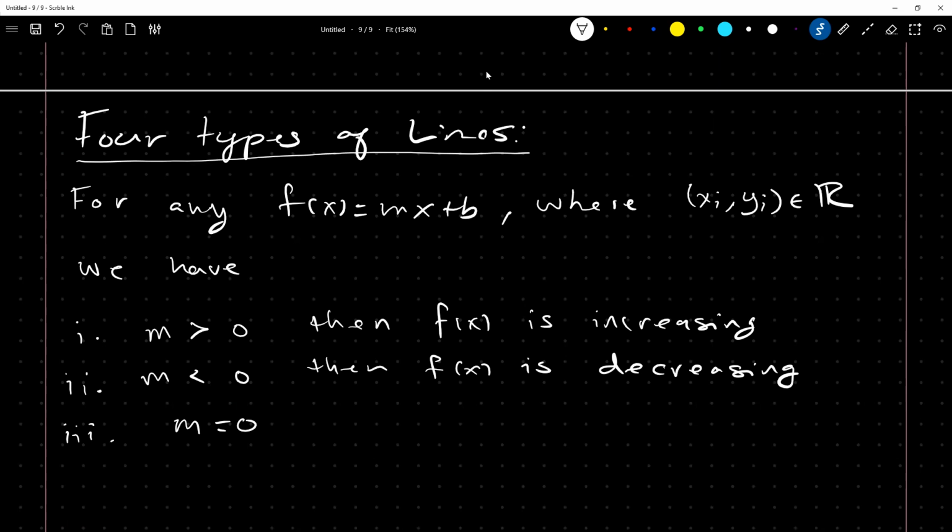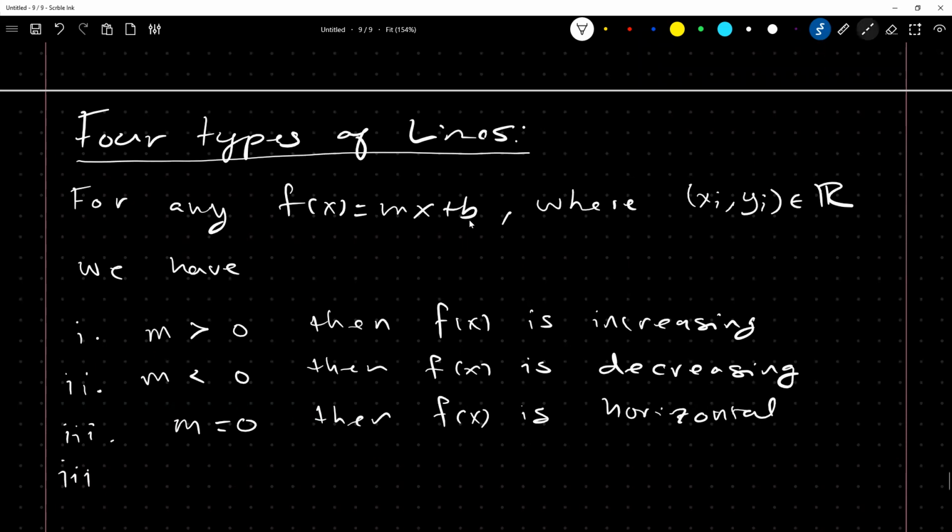And since with linear functions, if it's increasing in one place, it's increasing everywhere because the rate of change is constant, if the slope is 0, then f of x is horizontal. That means that it's a flat line. All right, and then we have one more.